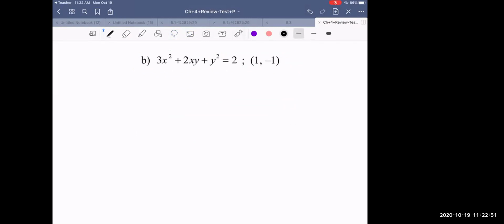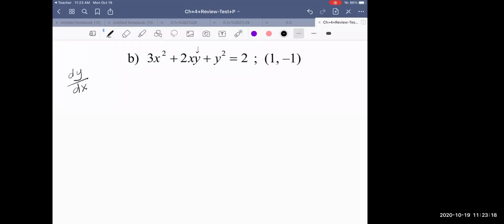So remember that we're going to take the derivative of the function y with respect to x. So any variables that contain an x, when you take the derivative of those, it's going to be just like normally taking a derivative. But when you have a factor of y, that's where we're going to have to multiply the result by y prime or dy/dx because we're taking the derivative implicitly.